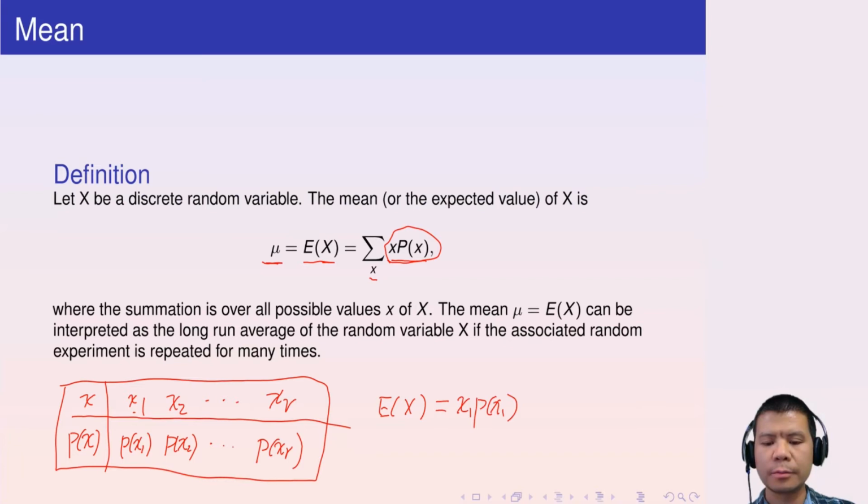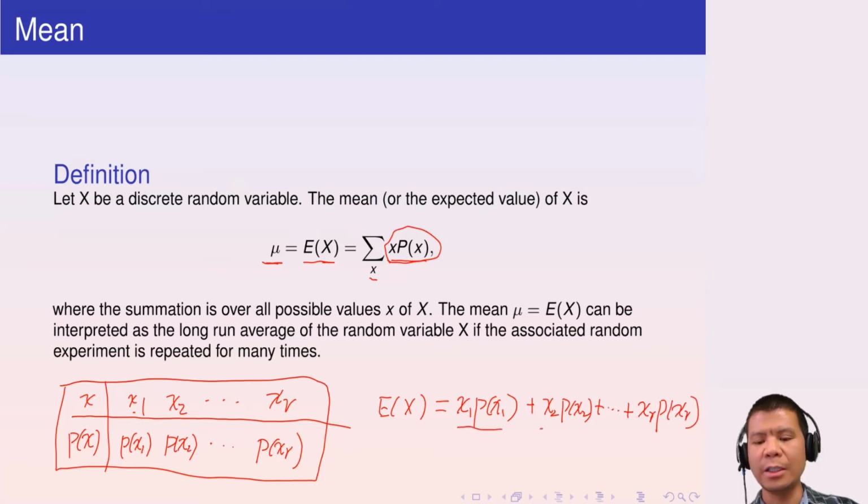And plus X2 P of X2. And then we add them up all the way till P of XR, XR P of XR. So the summation of all the products is the mean, or the expected value.